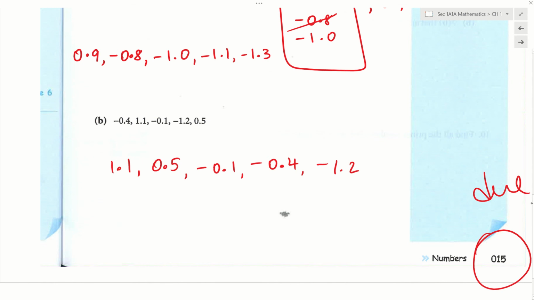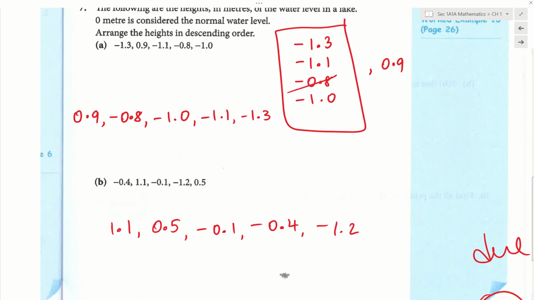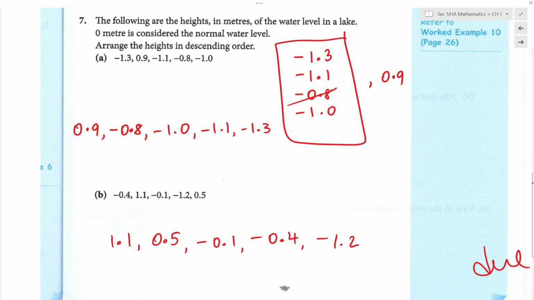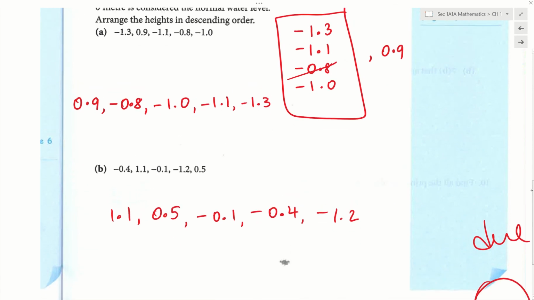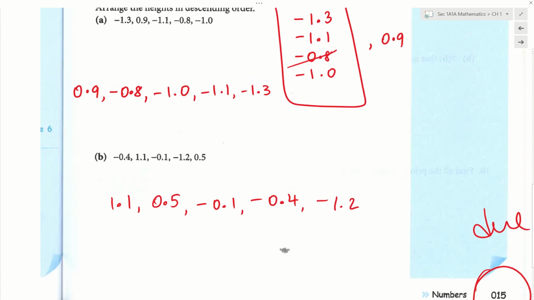Meter. No unit, right? Oh, got unit. Okay, but yes, these are heights. These are heights, but the numbers over here didn't show units, so it's okay. If you put all the units over here, it's fine also.